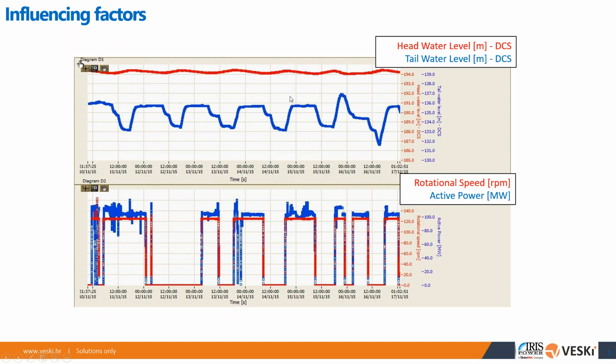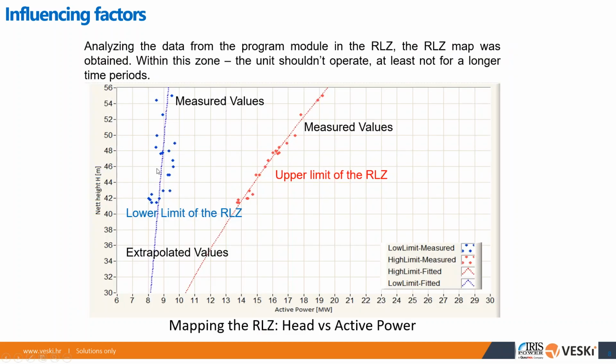This is what we've done in a few power plants. This is just one example. If you have your head and your power, the lower and upper levels of the zone, more so the upper level, actually change with the net head.